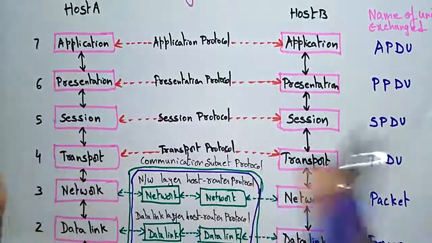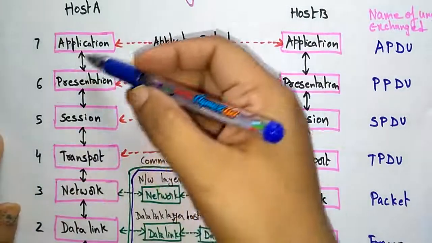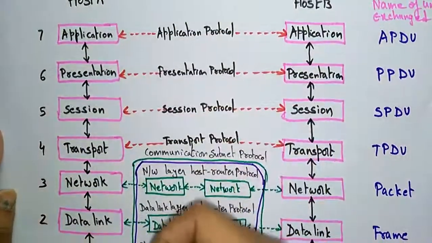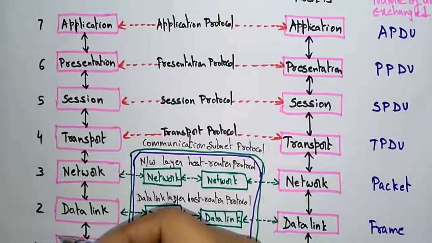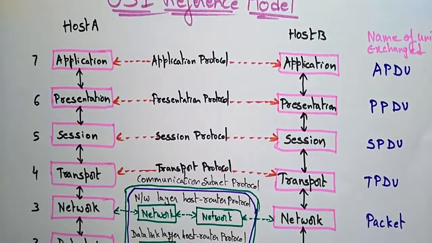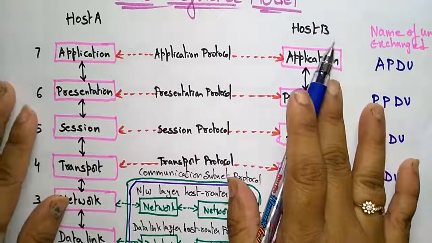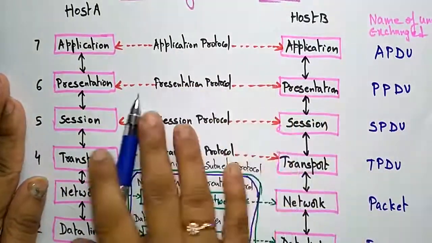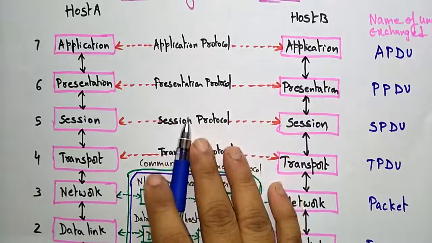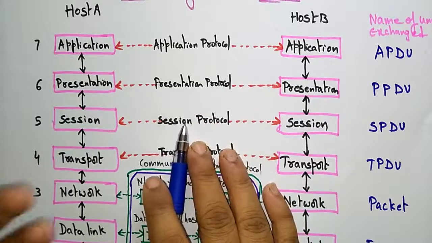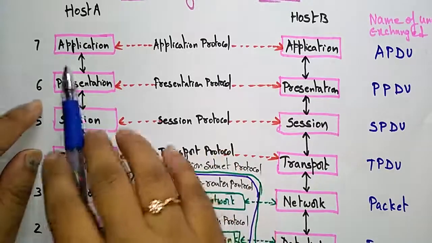Each system has 7 layers. Host A has 7 layers and host B has 7 layers. The communication between these layers is called a protocol. A protocol is nothing but a set of functions that have to be implemented.